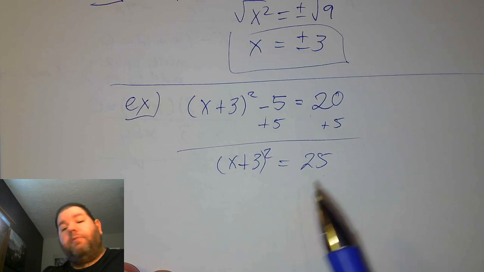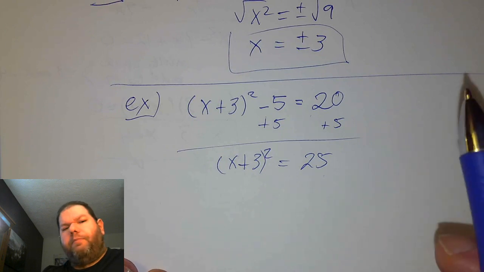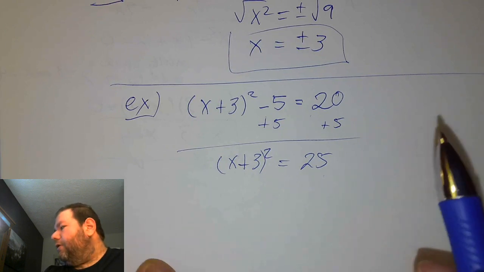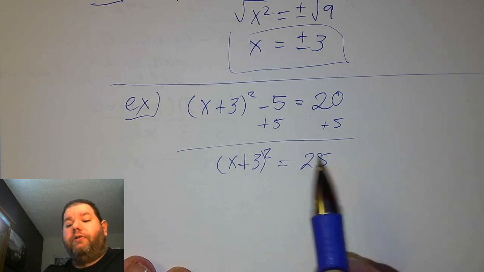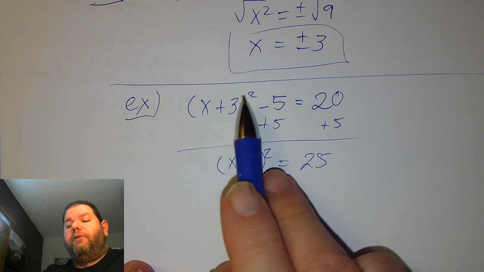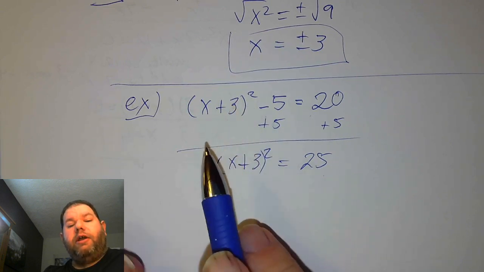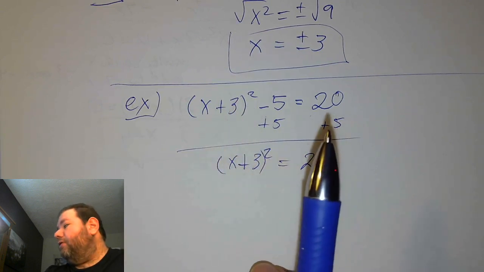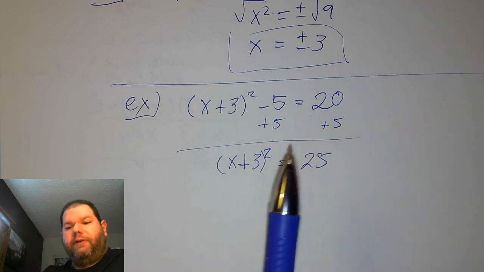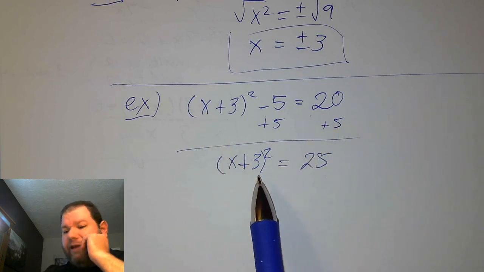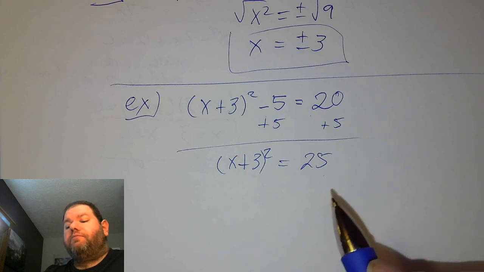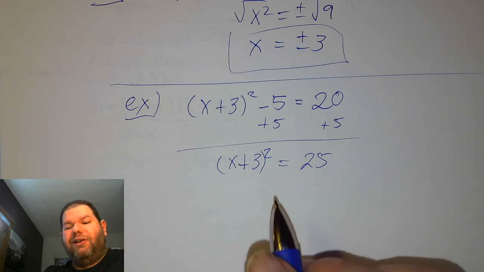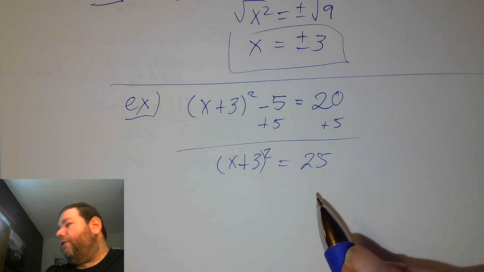Now, you bring up a good point. I think it's Brock. The other approach that we could use here is we look at x plus 3 squared, and we might want to go ahead and square that binomial, which would be x squared plus 6x plus 9. And that is absolutely a valid approach. But let me show you how much easier this approach with the square root method is.